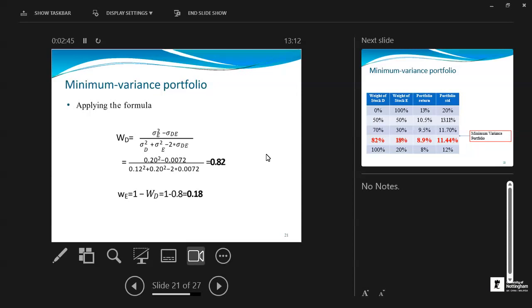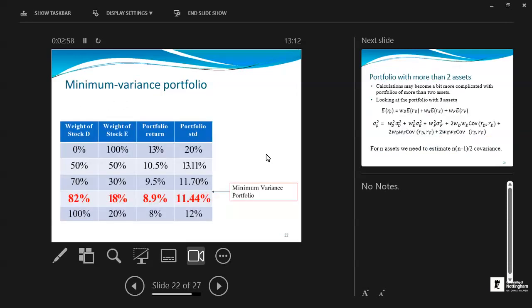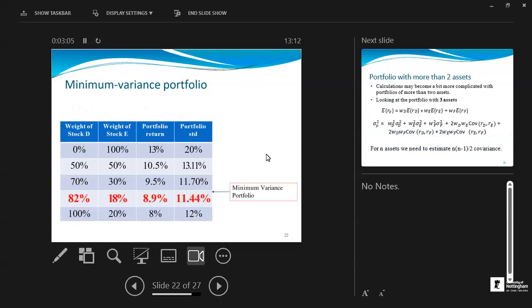So we'll have a portfolio with the lowest risk, but that would depend upon how much we are going to invest in stocks D and E. Okay, good. So to get to that minimum variance portfolio, we must invest 82% in stock D and 18% in stock E, and that's what I've done here. The expected return of this portfolio is around 8.9%.